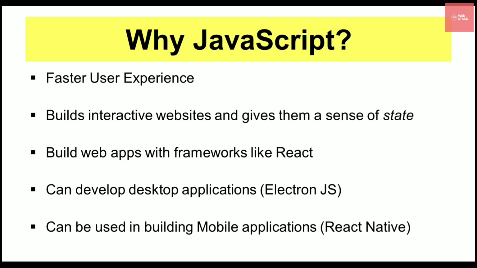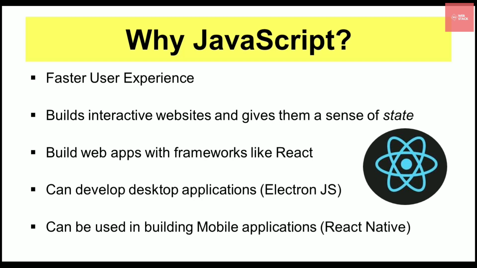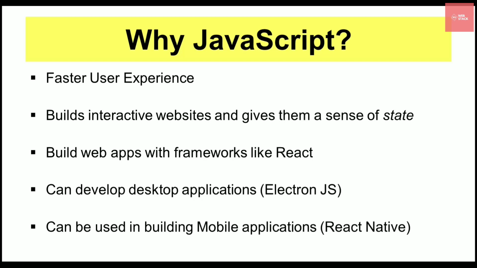Now also you can build web applications using JavaScript frameworks, like the most popular one at this time, React. Before learning React, you should go through this course so that you have a basic idea of JavaScript syntax and fundamentals.